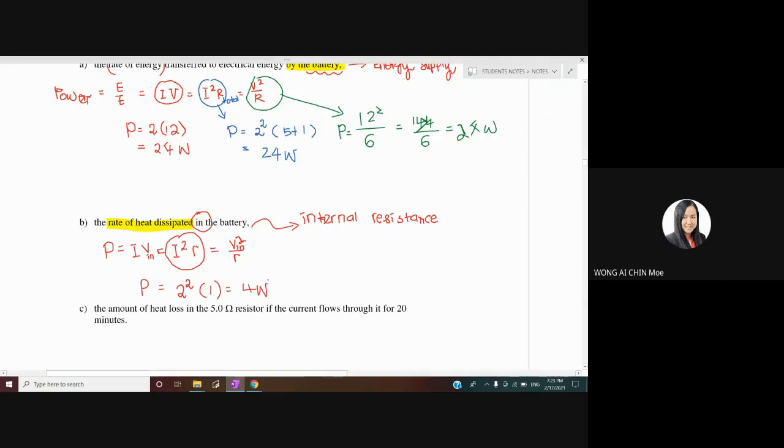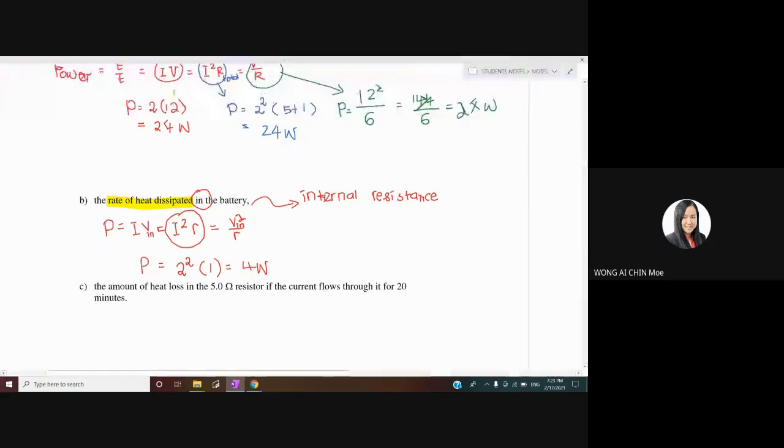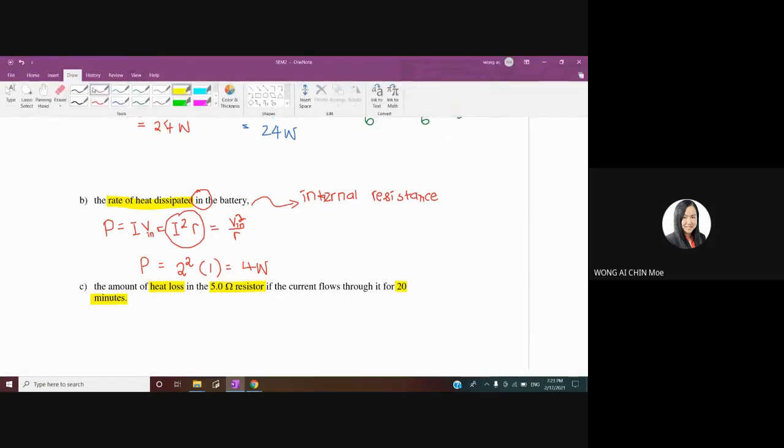Next question is the amount of heat. Now we only want to find the heat, not the rate of heat, meaning the energy loss in the 5 ohm resistor if the current flows through it for 20 minutes. So we want to find heat, not power.